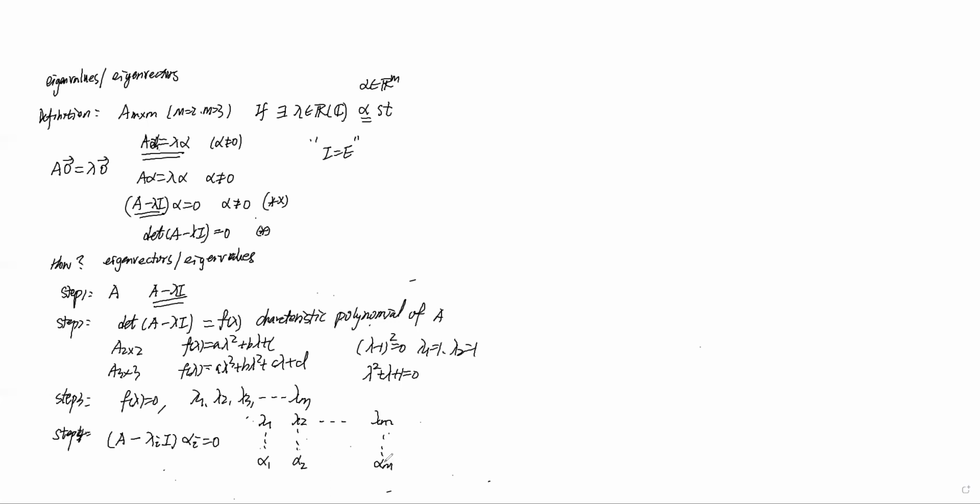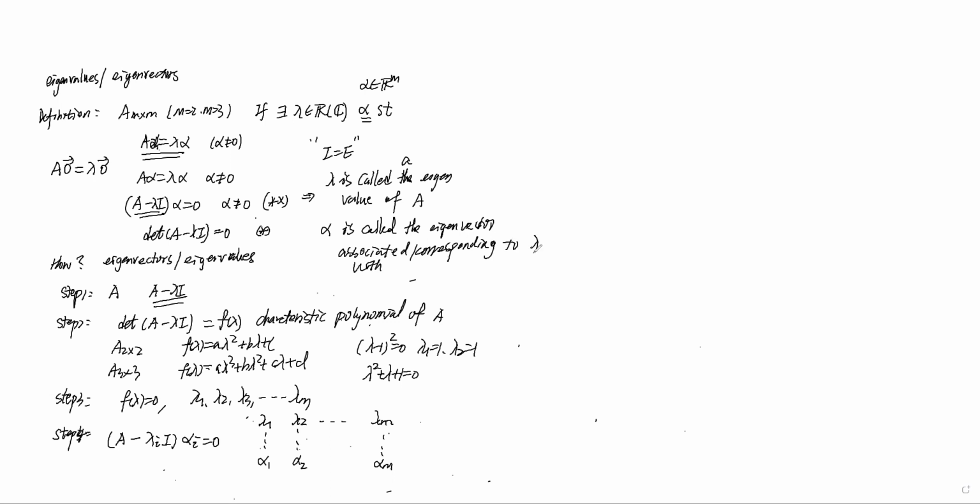And then, I forgot to say something. After this, lambda is called the eigenvalue of A, and alpha is called the eigenvector associated with, or corresponding to, lambda.